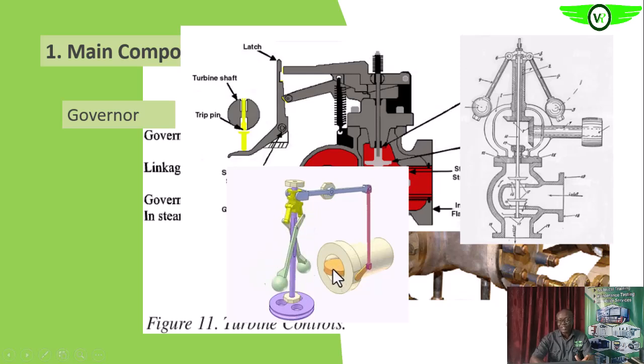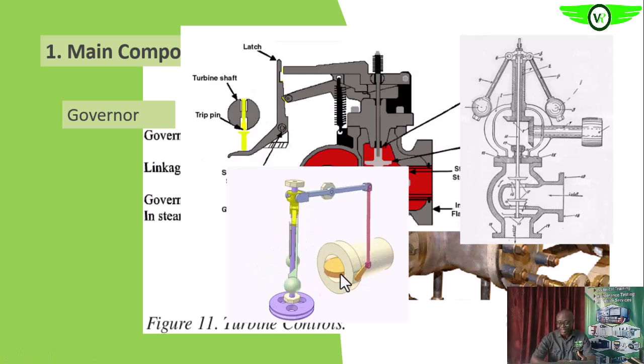Once the amount of steam is reduced, that will reduce the speed, and that will reduce the speed here too. That will cause the dropping of those balance weights. Are we getting it? Once that happens, the disc will open up completely, and once the disc is open completely, more steam will be administered. So that is the basic idea of the governor.